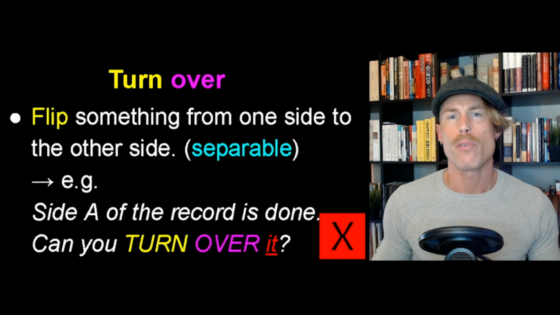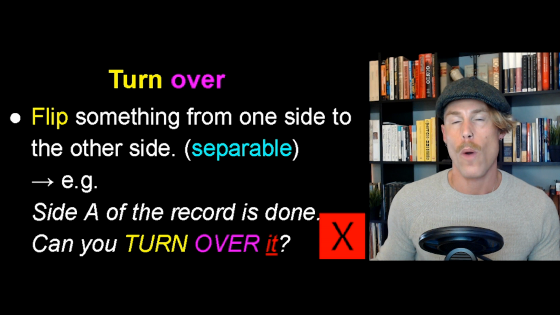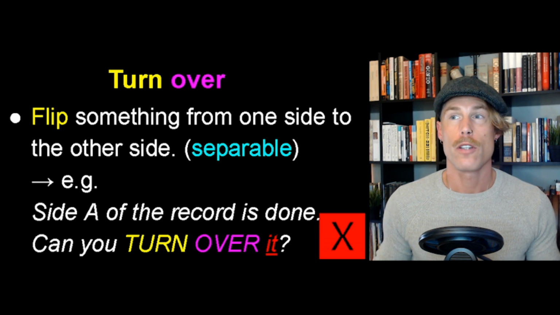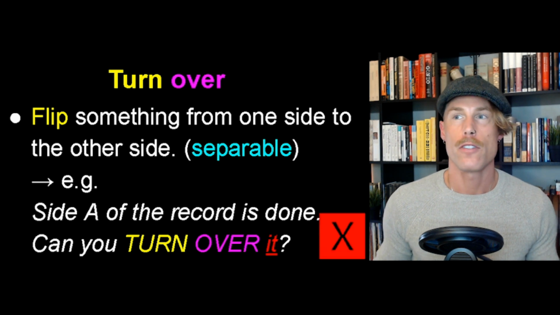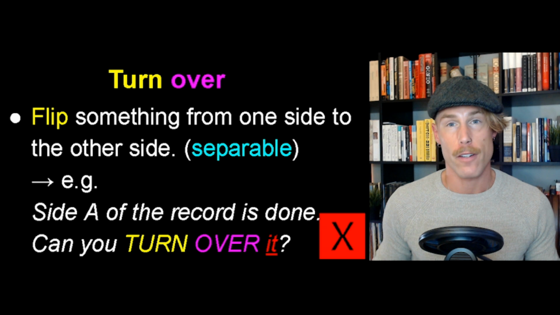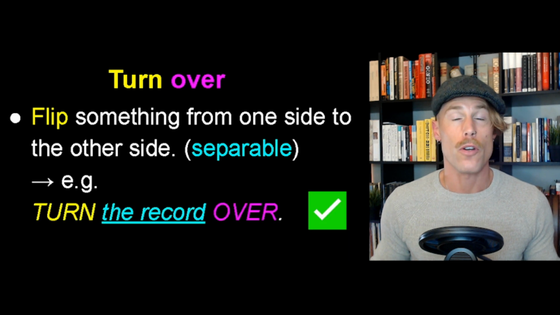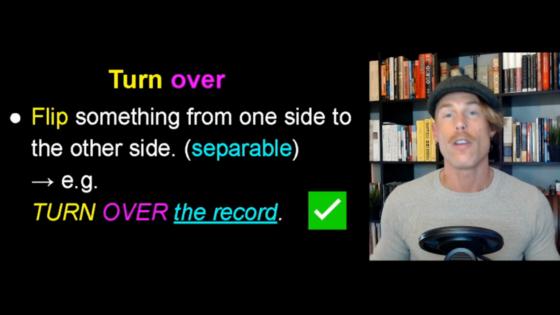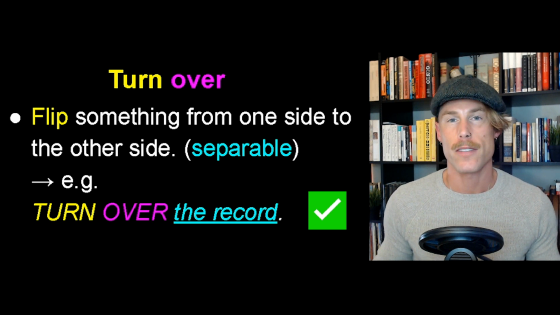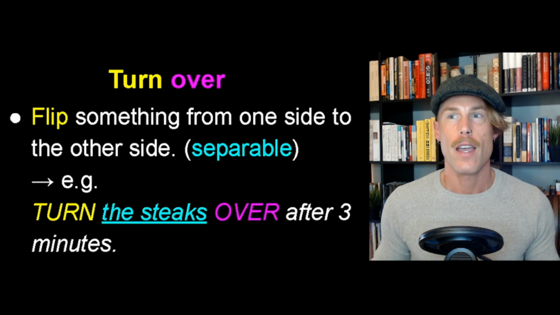So pronouns don't go after the phrasal verb. So turn it over, correct. Turn over it, incorrect. Turn the record over, correct. Turn over the record, correct. Okay? And I can also say, turn the steaks over after 3 minutes.